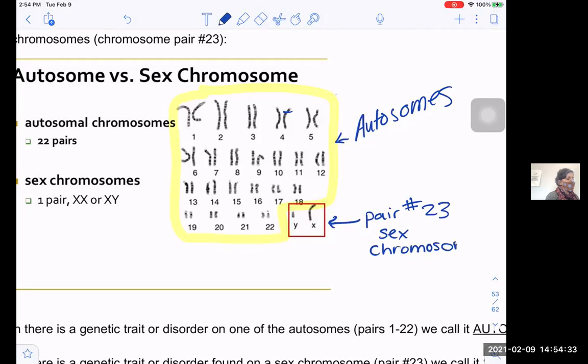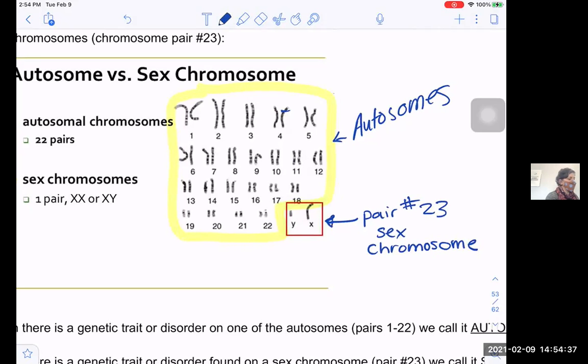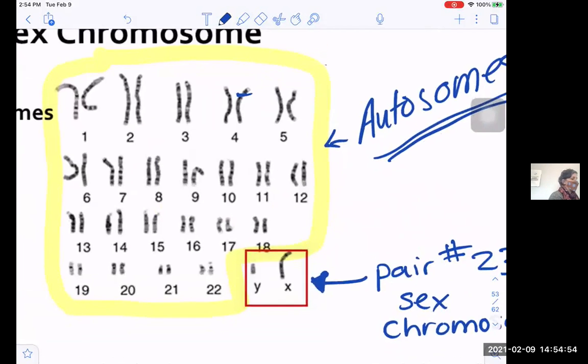Today we're not going to be talking about the traits that lie on your sex chromosomes. We're going to be talking about the ones that lie on your autosomes. And all this means is that it's a trait that you would find on one of these pairs. So for instance, maybe autosome number 4 is where we have our hair color alleles.